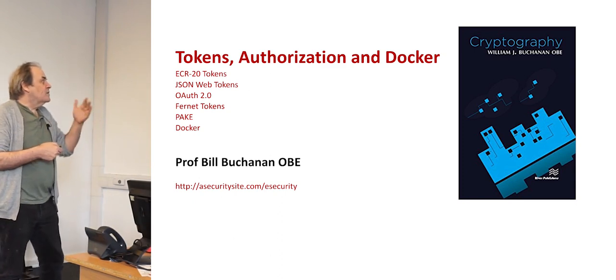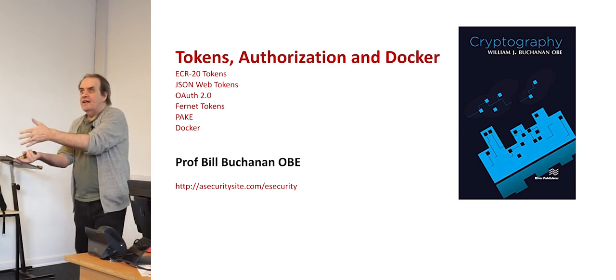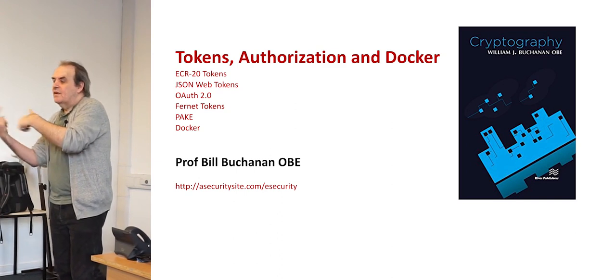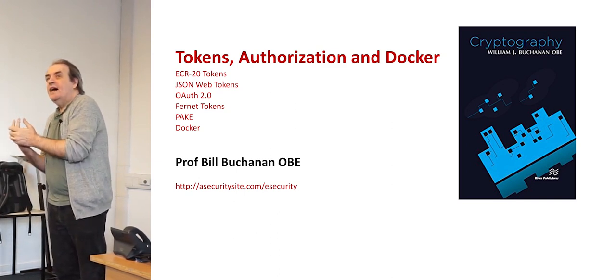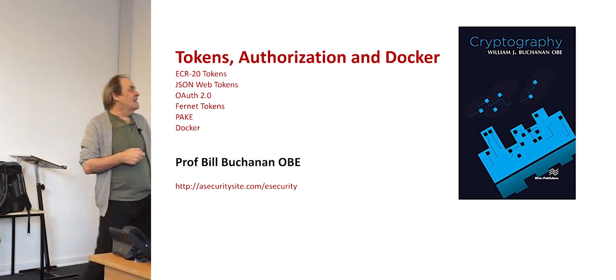And then on to what's called PAKE, which allows us to store a nonce for the user's password, and then for the user to authenticate that they still know their password, and you're not at risk of the password being hacked.